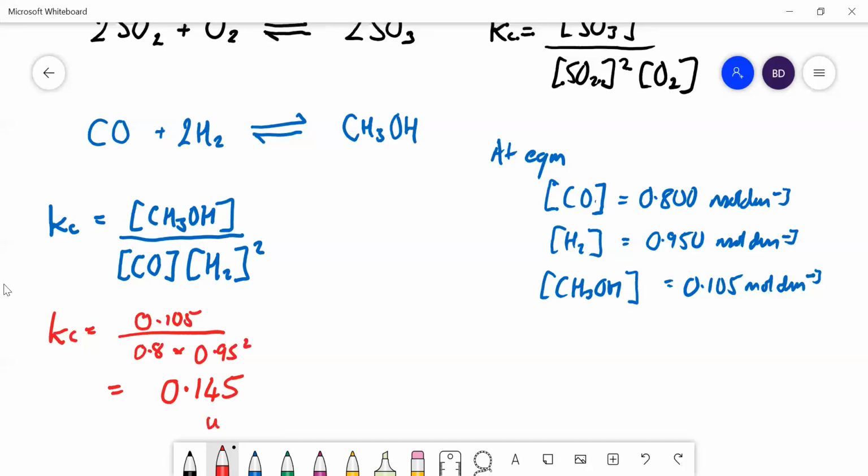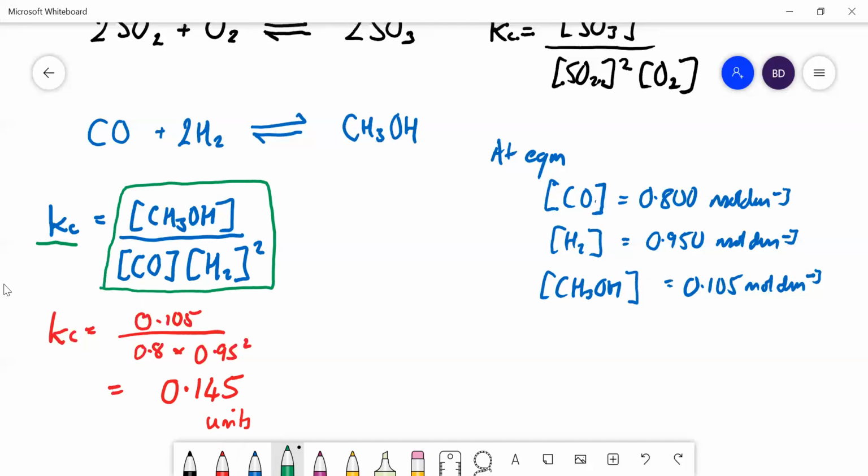Now, we need to think about the units there. Okay, what are the units going to be? So we look at this equation, and the units of Kc have got to be the same as the units of all that on that side. So what have we got there?